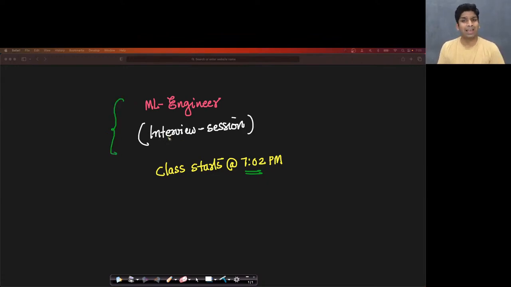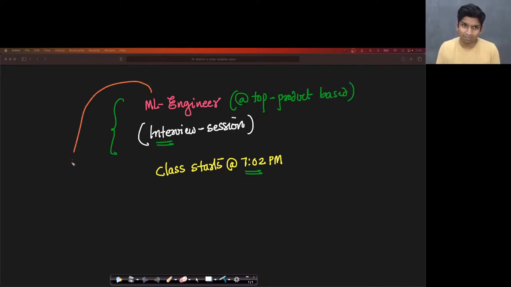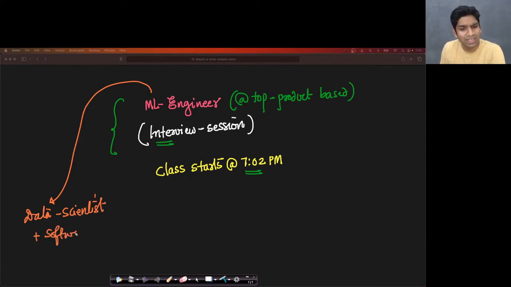Today is an interactive interview session specifically for ML engineer roles at top product-based companies. When I say machine learning engineer, let me define this very clearly. A machine learning engineer is typically a combination of somebody who has data scientist skills with some knowledge of software development.